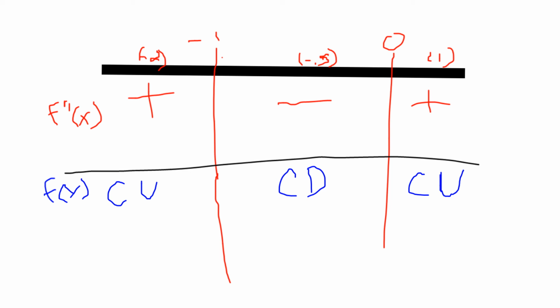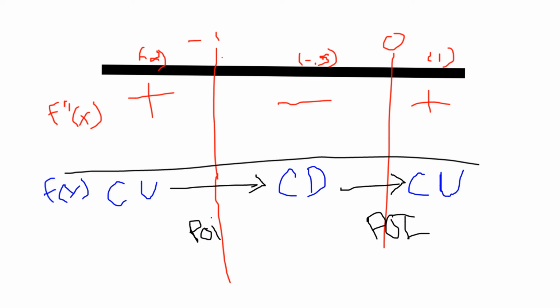So we know, because there was this shift in concavity here and here, and again here and here, that -1 gives us a POI, a point of inflection, and so does 0, we get a POI.